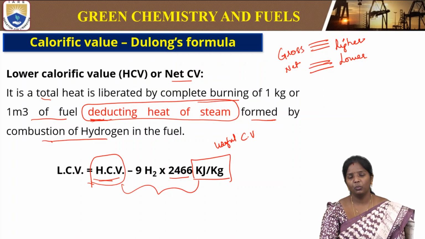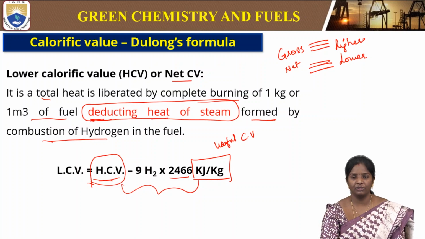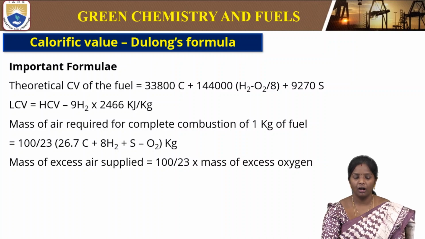So when we want to know the net calorific value, we have to deduct the heat of steam, which can be done by subtracting from the higher calorific value. There is a contribution from hydrogen also, so we are including this in the formula. These are the different important formulae that we are using in the fuels module.